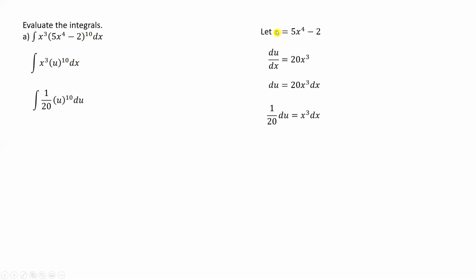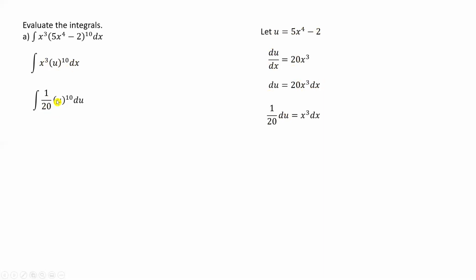You take the derivative of both sides of this equation: derivative of u, derivative of 5x to the 4 minus 2. Put the dx over here, and then rearrange this so that we know what to put in place of the x's in this integral. So the x cubed dx, there's an x cubed dx, so just divide by 20, and we know exactly what to put in place of x cubed dx.